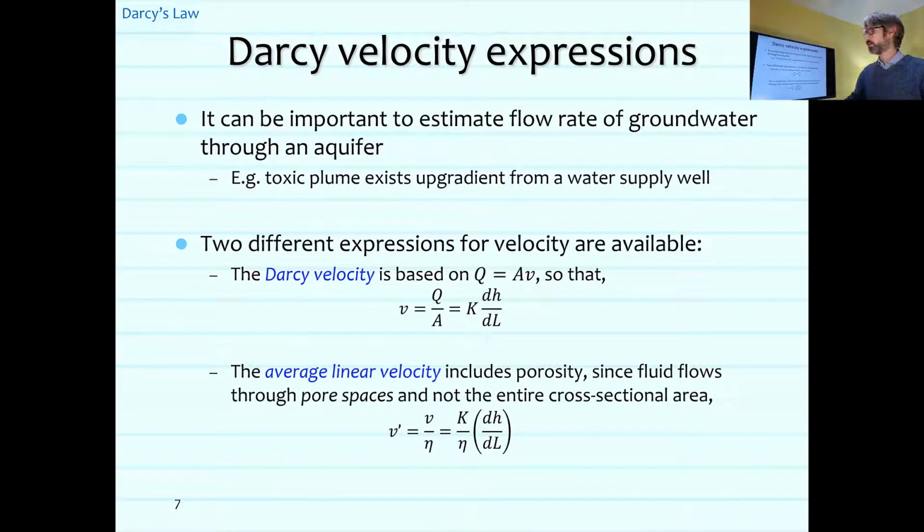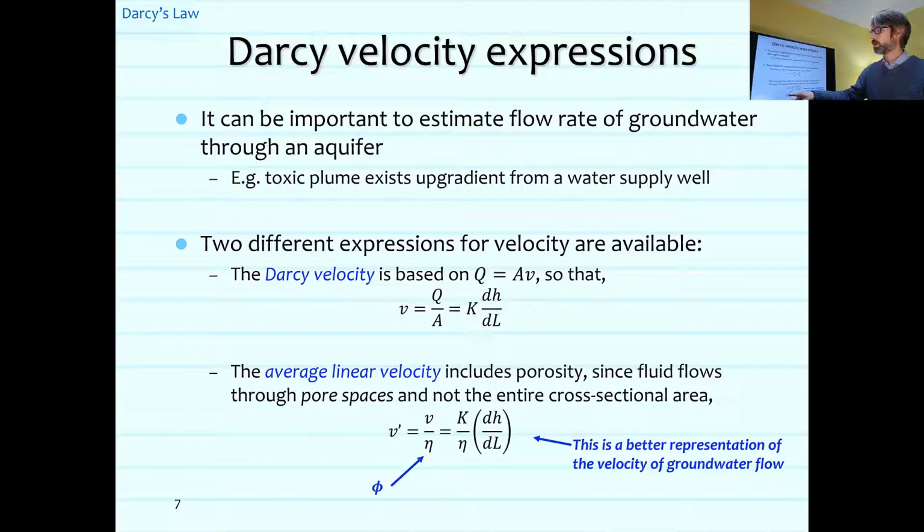The average linear velocity includes porosity, since fluid flows through the pore spaces and not the entire cross-sectional area, which includes the mineral grains. And so V prime is the symbol we use for the average linear velocity, and it's just the Darcy velocity V over eta, which we also often write as phi, and it's equal to K over eta times dH dL.